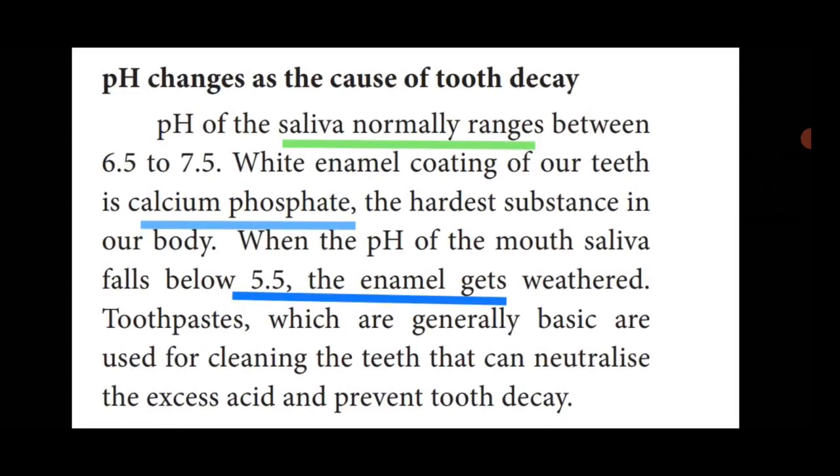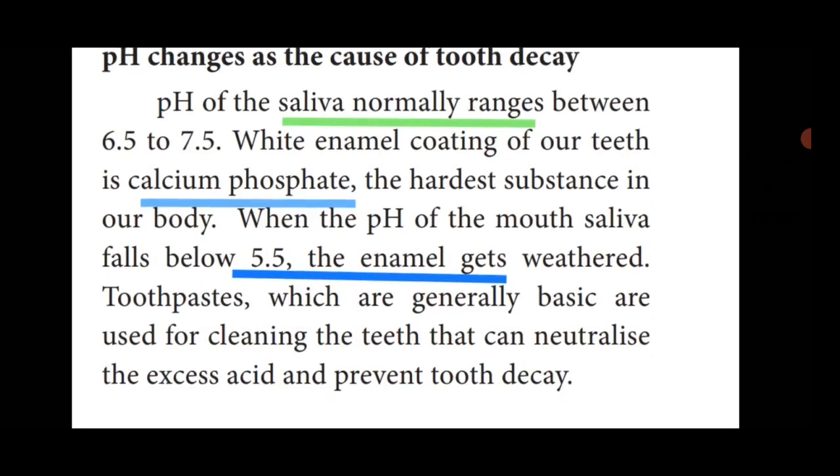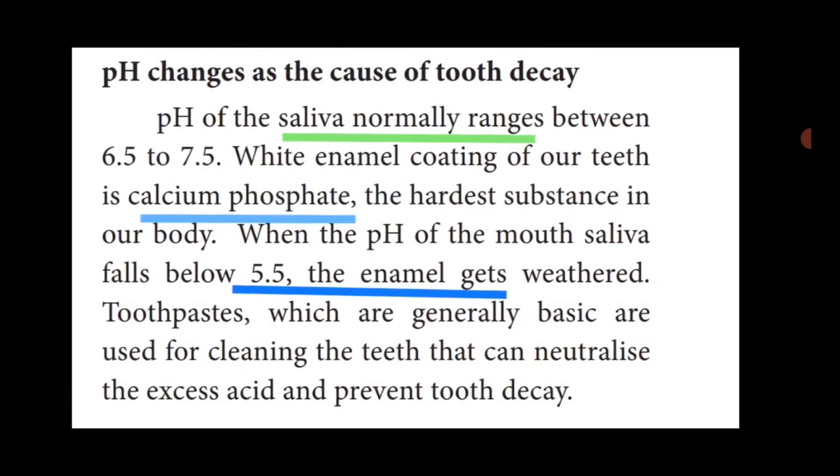So toothpastes, which are generally basic in nature, are used for cleaning the teeth. They can neutralize the excess acid and prevent tooth decay. The normal saliva pH value is 6.5 to 7.5.